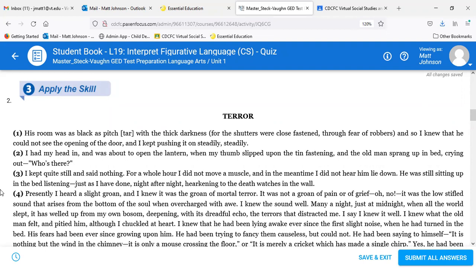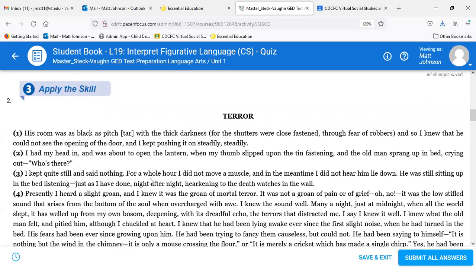Okay. His room was as black as pitch tar, with the thick darkness, for the shutters were closed, fastened through fear of robbers, and so I knew that he could not see the opening of the door, and I kept pushing it on steadily.